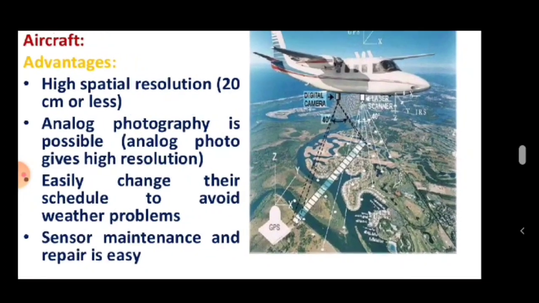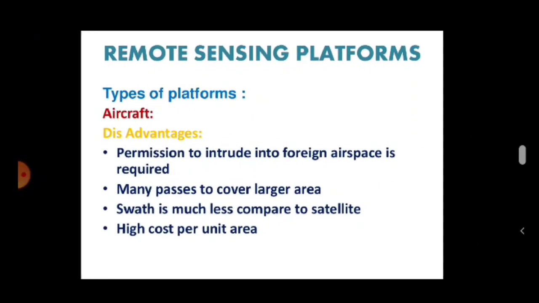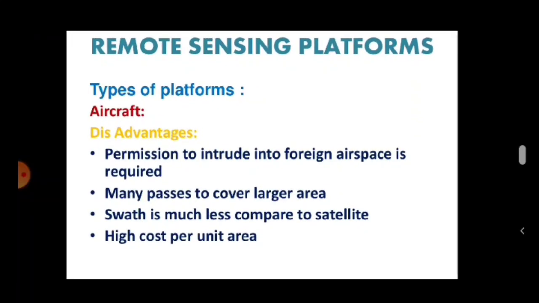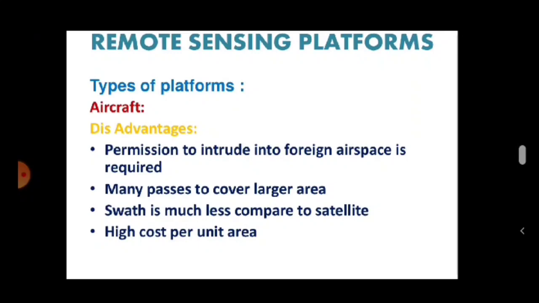When it comes to disadvantages, permission to intrude into foreign countries or foreign areas is a bit difficult, and many passes are needed to cover a large area, and also the swath is less compared to a satellite, as a satellite, being far deeper in space, can cover a larger area.